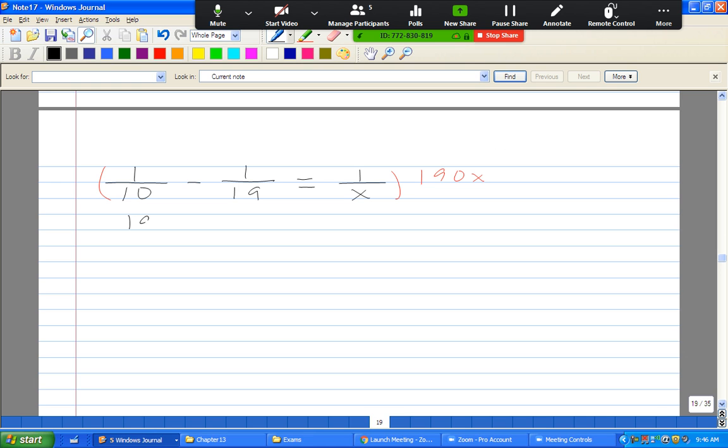190x divided by 10 is 19x. 190x divided by 19 is 10x. 190x divided by x is 190. 19x minus 10x is 9x. Divide both sides of my equation by 9.